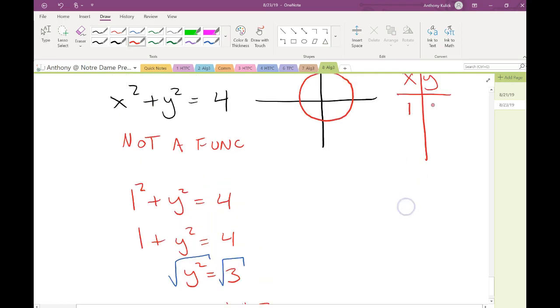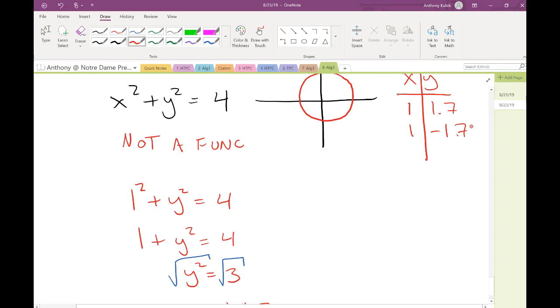So what I have is two different values for y. You guys see that? Where if x is 1, y could be positive the square root of 3 or negative the square root of 3. You could use that as justification to show that this is not a function.